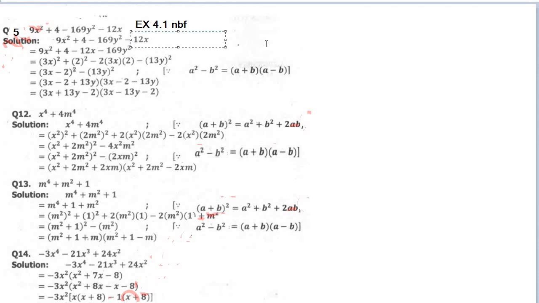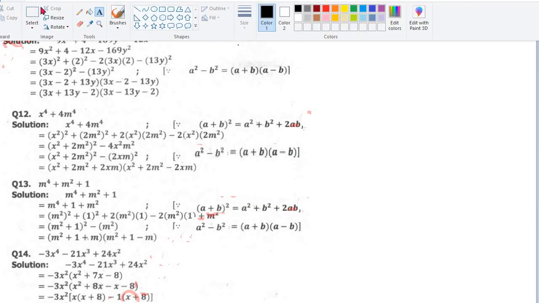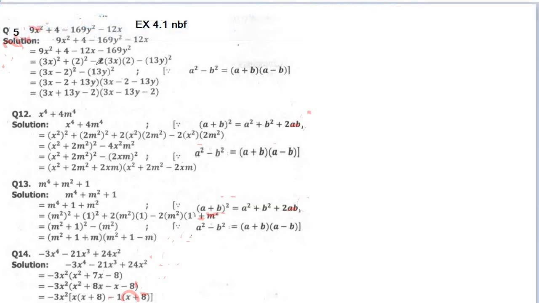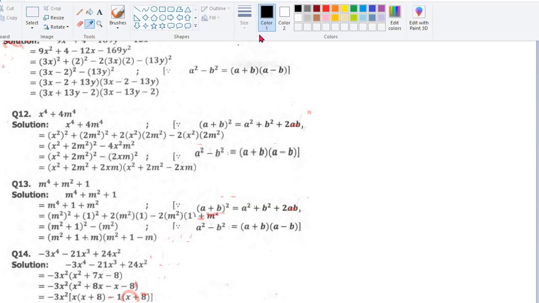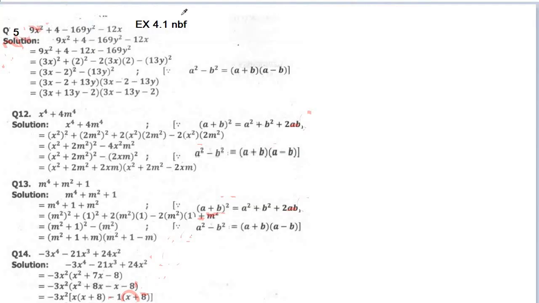Now we arrange 9x square first, then we take 12x, and I have put 169 at the end.